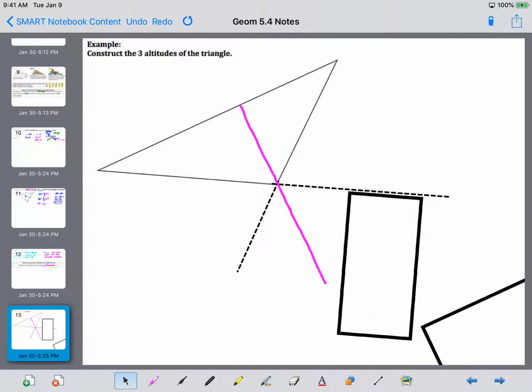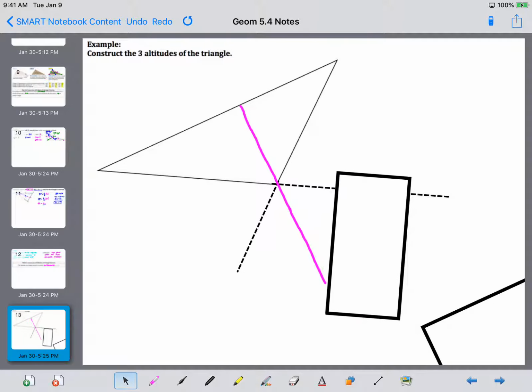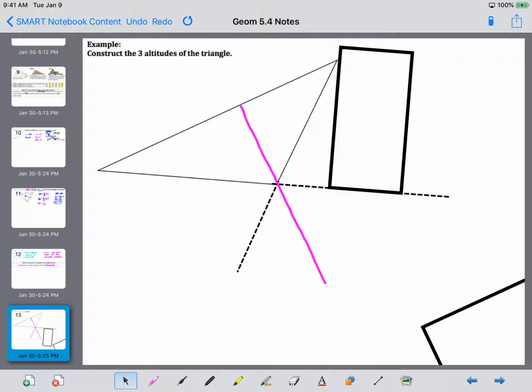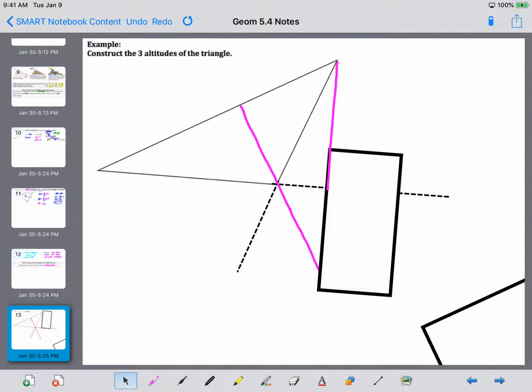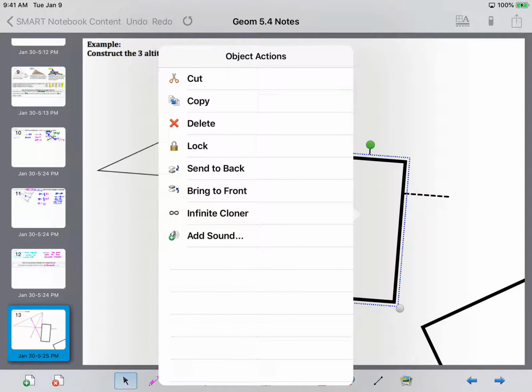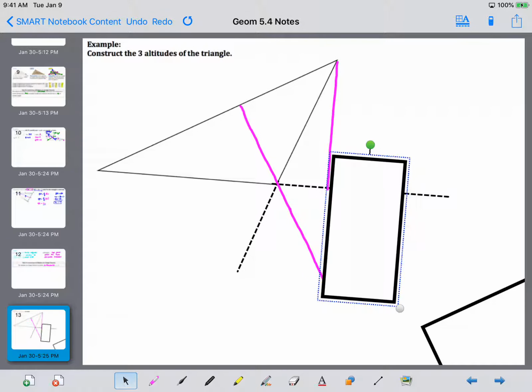There we go. And then we draw this from this vertex to that side, which would be our second altitude. And again, you need to extend it so that it's going to intersect that first altitude that you created.